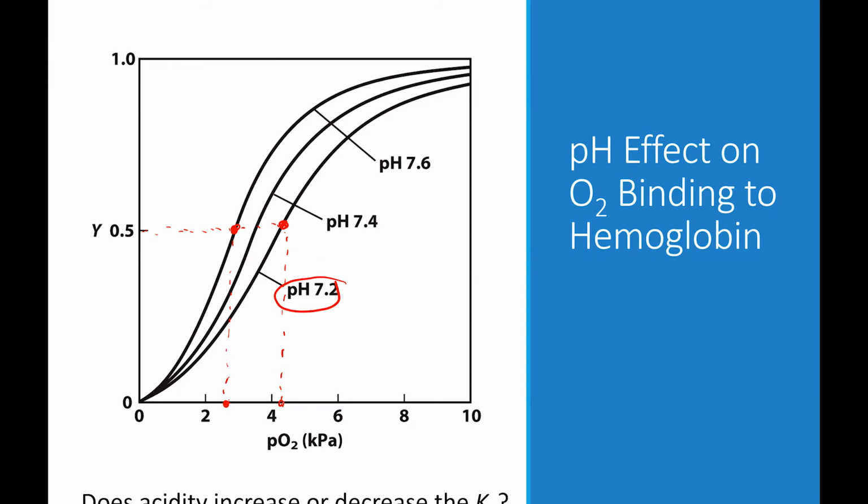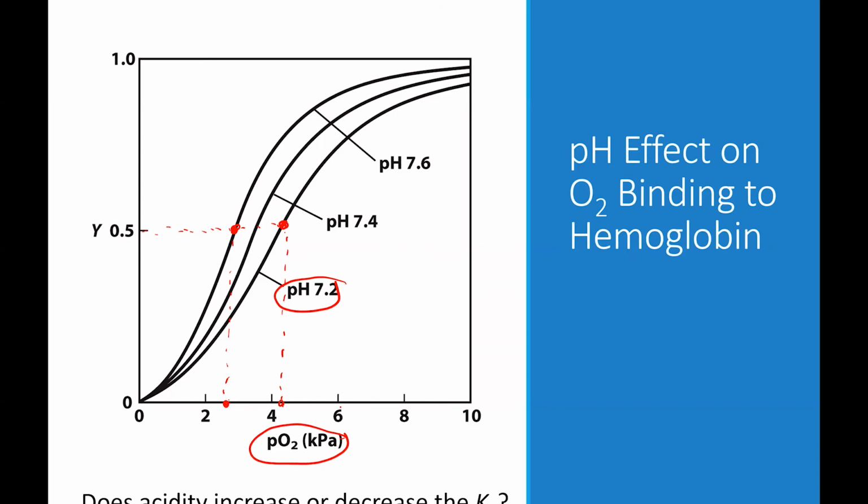If you remember from our previous discussion, the pressure of oxygen in the lungs is higher, whereas the pressure, or concentration, of oxygen in the tissue is lower. And so by shifting the pH, you also have the ability to shift the concentration of oxygen that is bound up in hemoglobin.